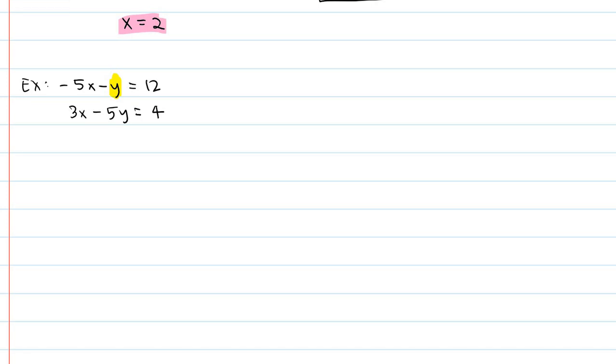So I'm going to start by taking this first equation, and I'm going to move the 5x. If I move the 5x to the other side, it becomes a positive 5x plus 12.